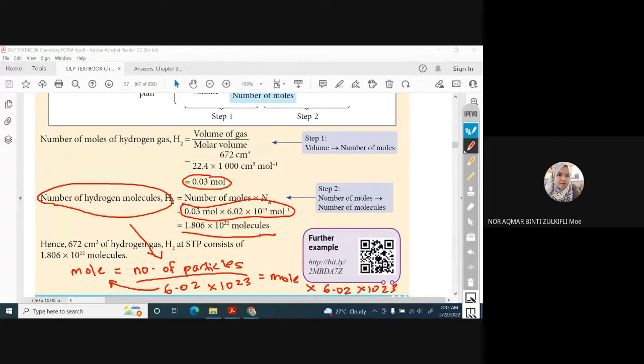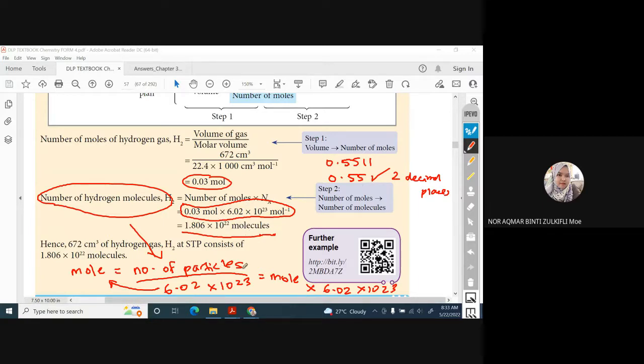Remember yesterday's lesson, I asked you to convert if you find the answer is 0.5511, but I want you to change it to 2 decimal places. Okay, 2 decimal places. This is for other questions that do not involve the number of particles.